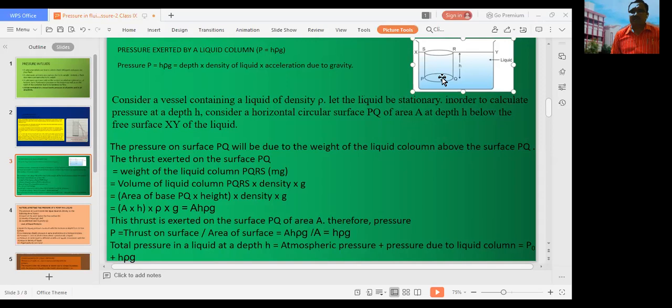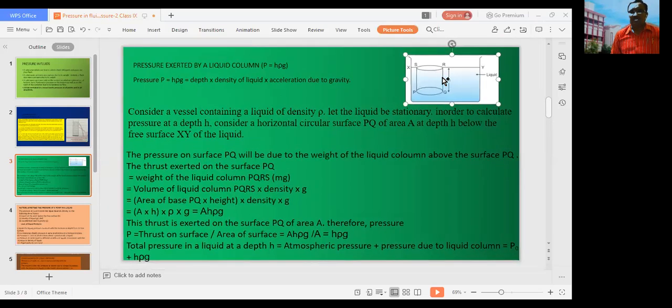Let the liquid be stationary. In order to calculate the pressure at a depth h, consider a horizontal circular surface PQ of area A at a depth h below the free surface XY of the liquid.